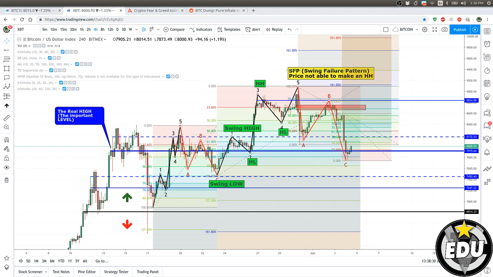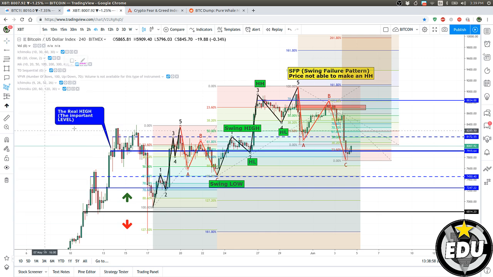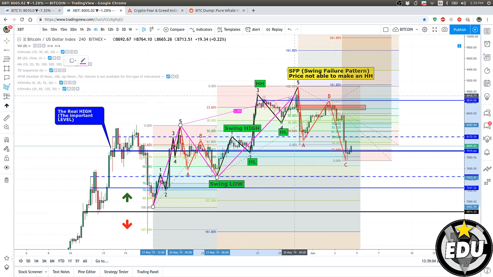This is not tracing a valley, no. The three falling peaks goes in the other direction. Just trying to think about some pattern that might help us figure this out. The three drives pattern, I don't think the Fibonacci matches. No, under 72, that's too much.